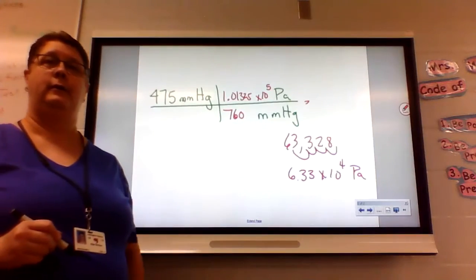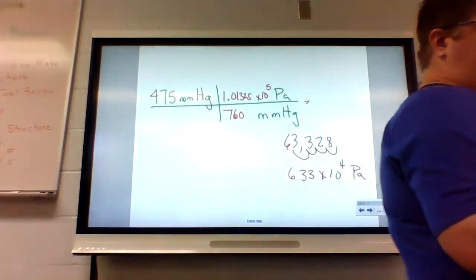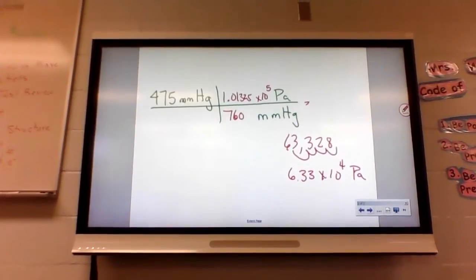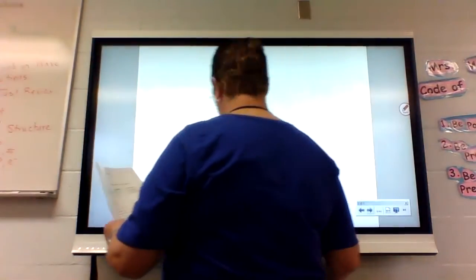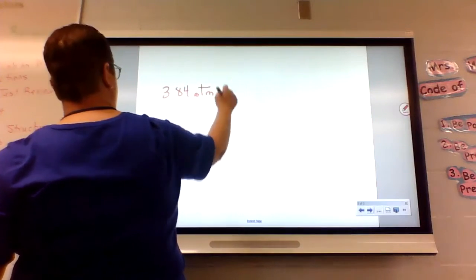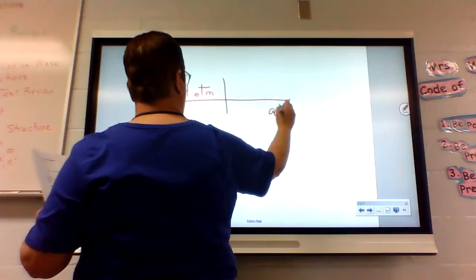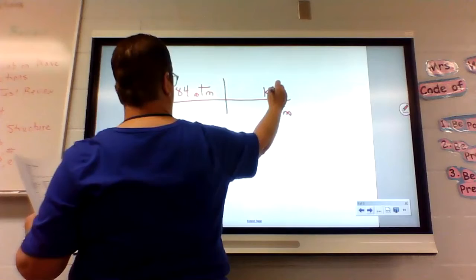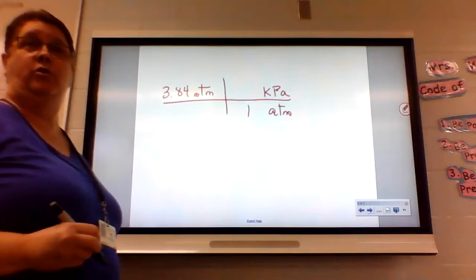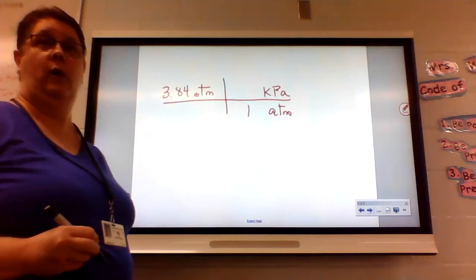So number 9 is KPA. So 389 KPA. Cause I got 389. Oh, the one about 1,088. All right, that's not right. Not if you got 389,000. You have 3.84 ATM. Oh, it's supposed to be 76 at the bottom. Or is it 1? KPA. What number is beside atmospheres? 1. On your chart, what number's beside atmospheres? 1.